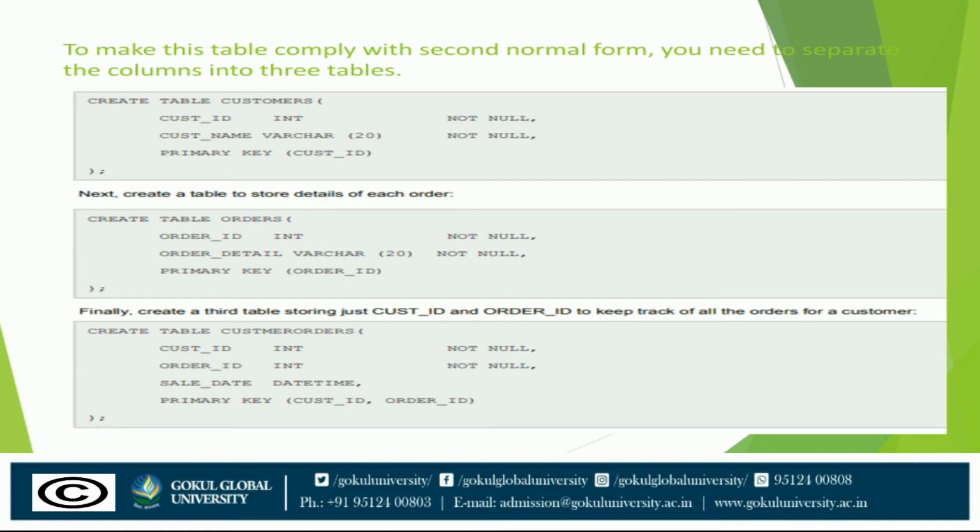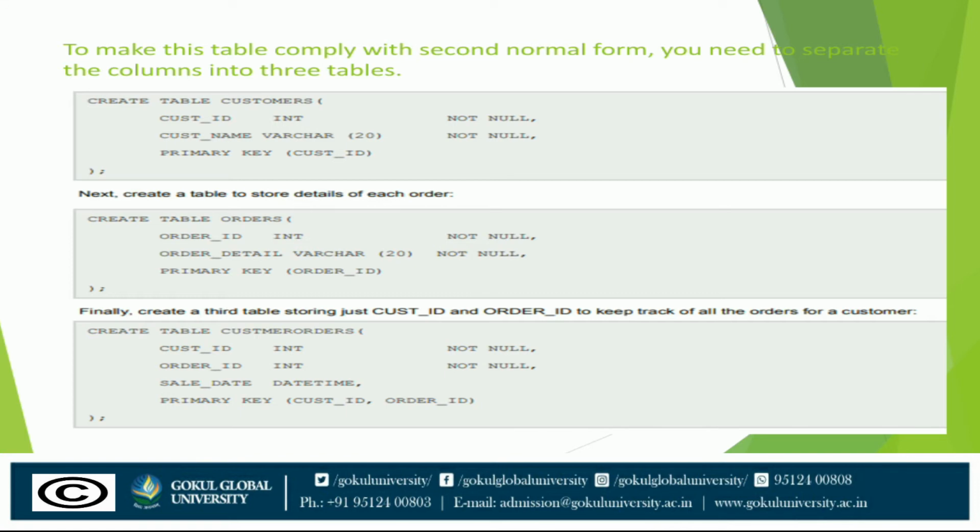Next, create a table to store details of each order. The first contains the information about customers and the next table contains the information about orders. See the order table, we are creating the field order ID that is considered as a primary key, and order detail.